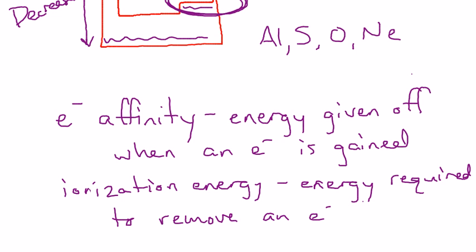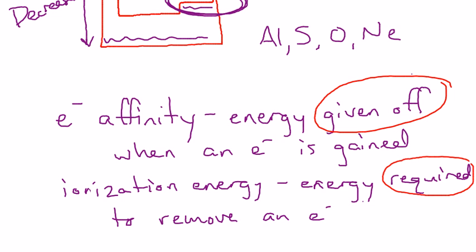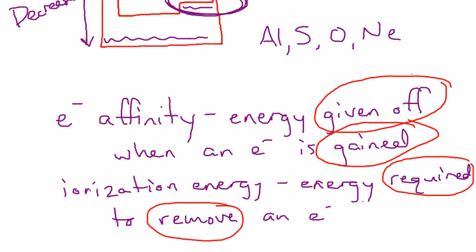So the key words here really are required and given off. So in electron affinity, we're giving off energy. In ionization energy, we're requiring or bringing in energy. And then also this remove and gain. So those are the big differences there between electron affinity and ionization energy.